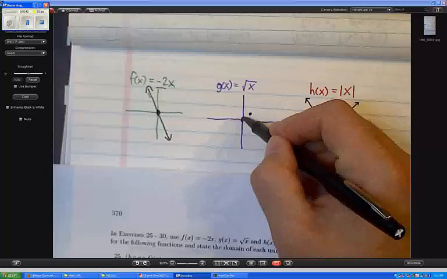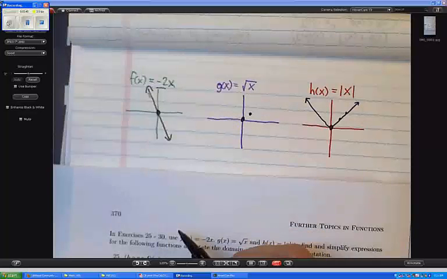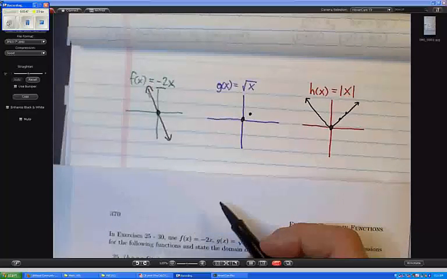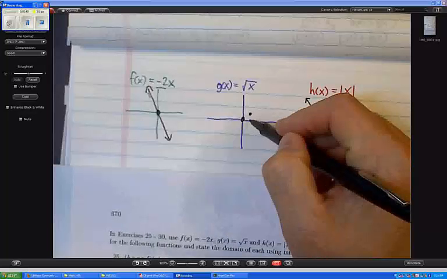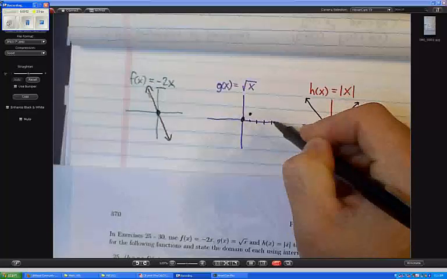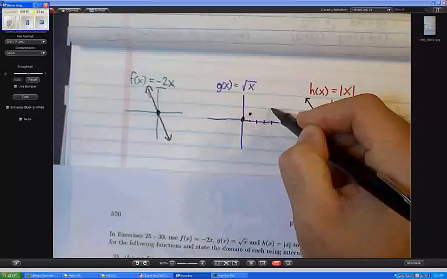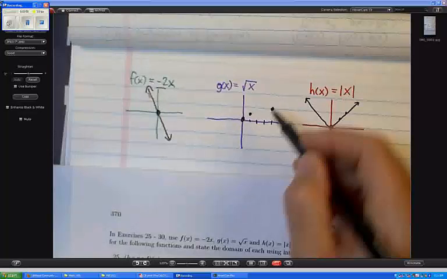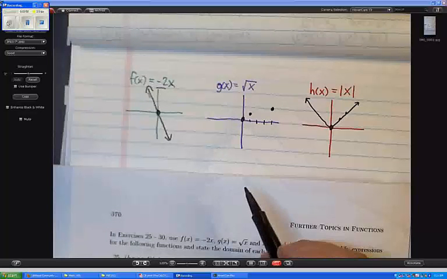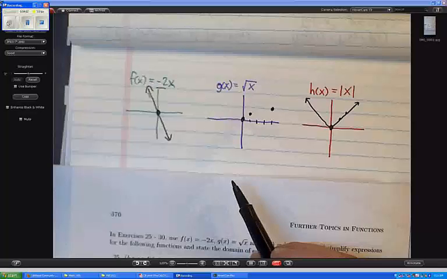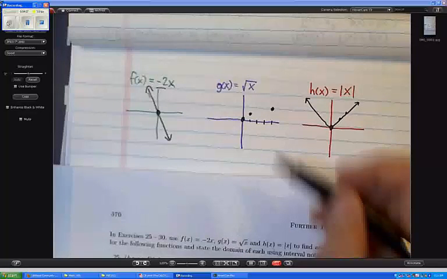If I input 4, let's see, there's 1, 2, 3, 4. What's the output? 2. The square root of 4 is 2, because 2 times 2 is 4. What if I input negative 4? You can't do that, right? We just talked about that in this class. So g of x is different than these other ones.